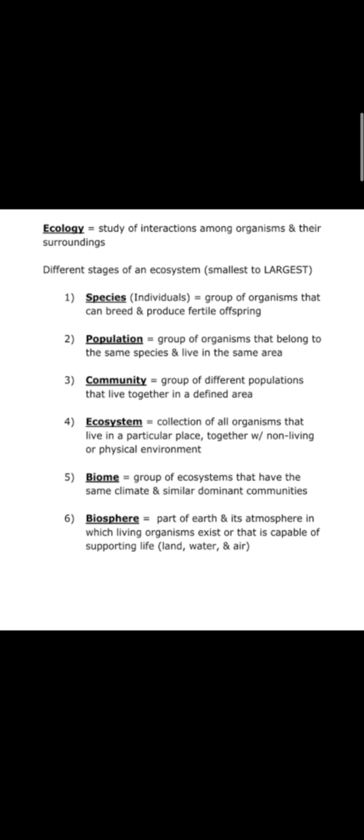The ecosystem is a collection of organisms that live in a particular place together with the non-living or physical environment. The interaction between living biotic and non-living abiotic components is nothing but ecosystem. A group of ecosystems that have the same climate and similar dominant communities is known as a biome. And finally, the biosphere, which comprises all atmosphere, lithosphere and hydrosphere.